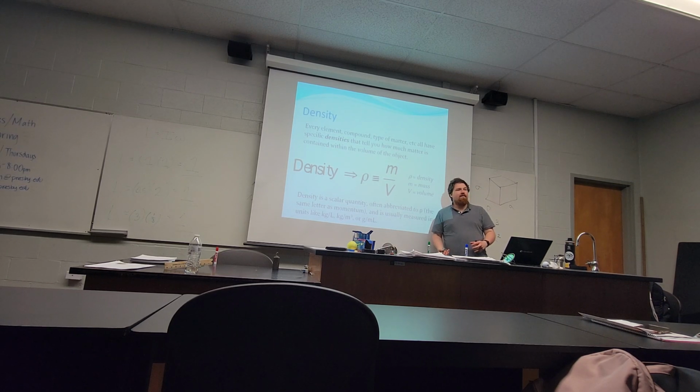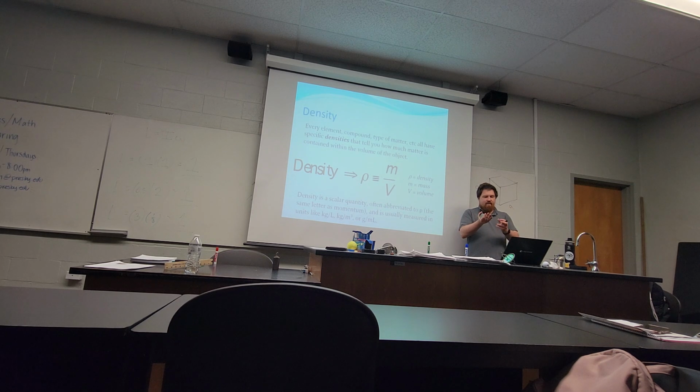And we're bringing up elements and compounds and stuff because any given substance always has the same density. If I had 2 different pieces of iron, they could have very different sizes and masses, but their densities are alike because they're both iron. There's the same amount of iron atoms per unit volume.